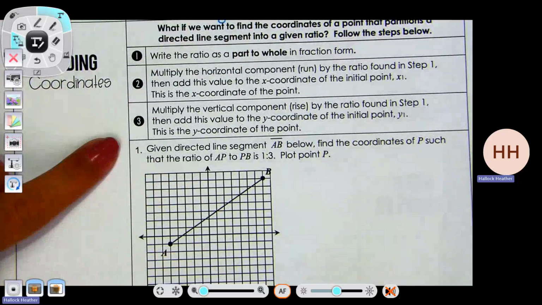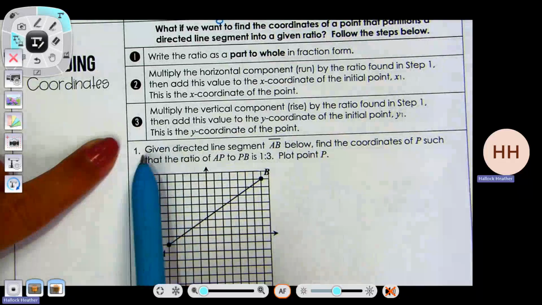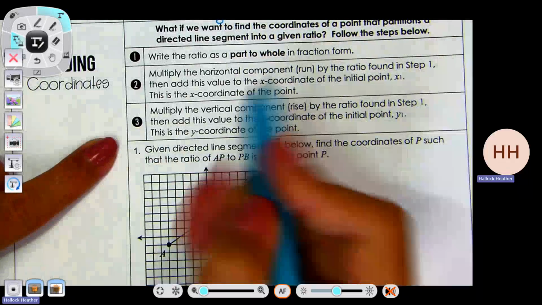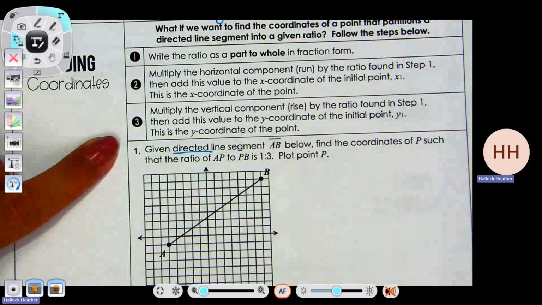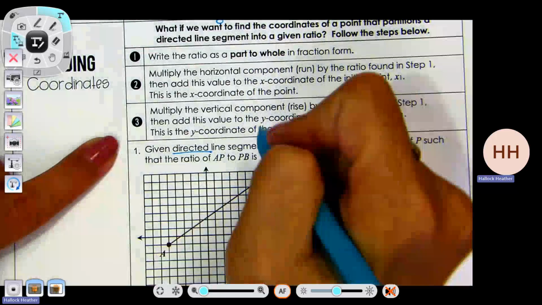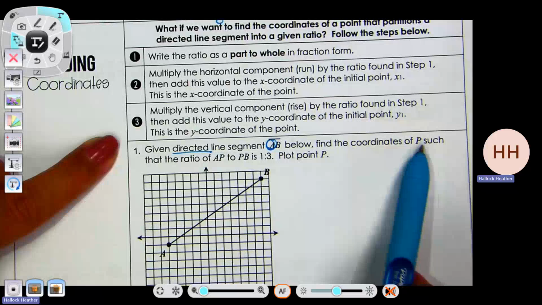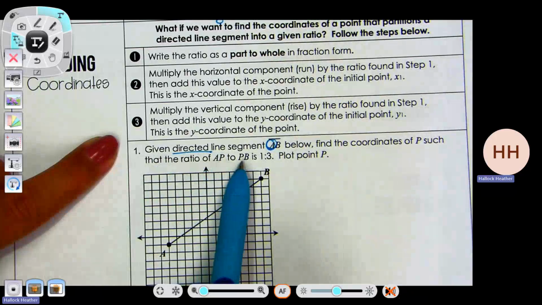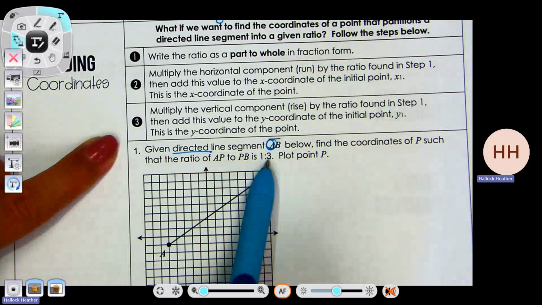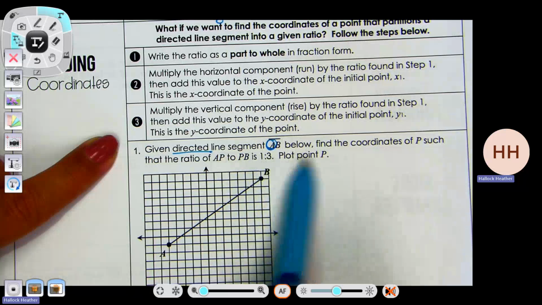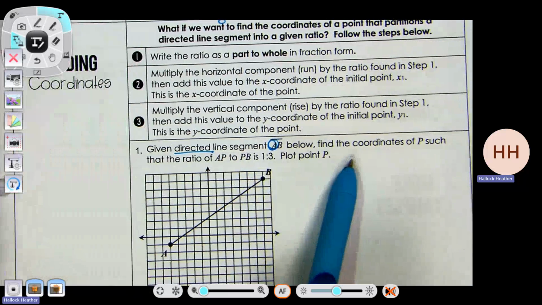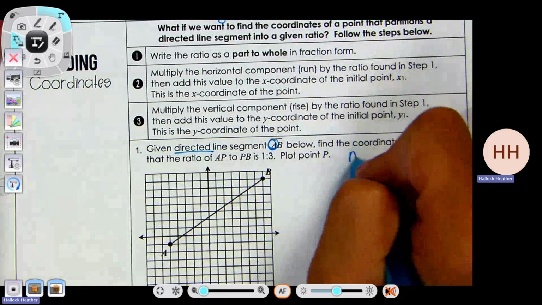Okay, so numero uno says, given the directed line segment A to B, it says directed because you're going in a direction. You're starting at A, you're ending at B. Find the coordinates of P such that the ratio of A to P to B is 1 to 3. Plot the point P. First thing I wanted you to do is write where we start.